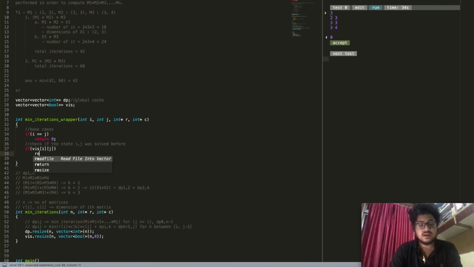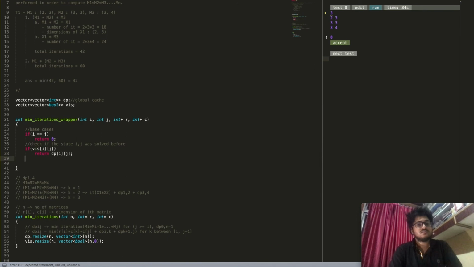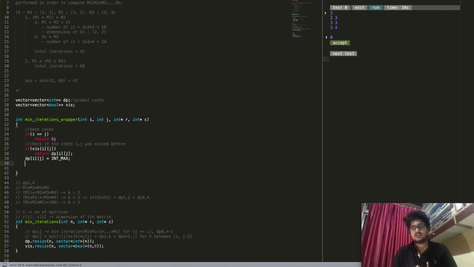In that case, all we need to do is return DP of I comma j. Otherwise, we would compute the value of DP of I comma j. So initially, let's initialize the value of DP of I comma j with int max. Int max is a really large number, that's why I'm defining the value of DP of I comma j with int max. Now coming to the recurrence relation.